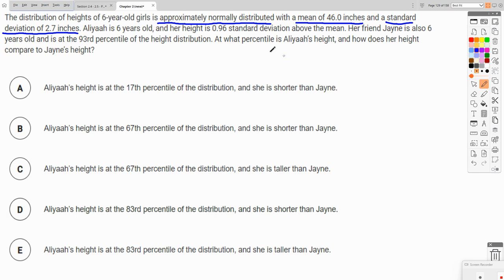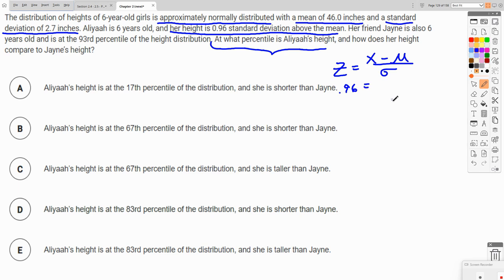All right, so at what percentile is Aaliyah's height? Well, we were told her height is 0.96 standard deviations above the mean. To say it's that many standard deviations above or below the mean, that is her z-score. So z equals x minus mu over sigma. We could say this is 0.96, and figure out her actual height, x, minus 46 over the standard deviation, 2.7, and do the algebra.